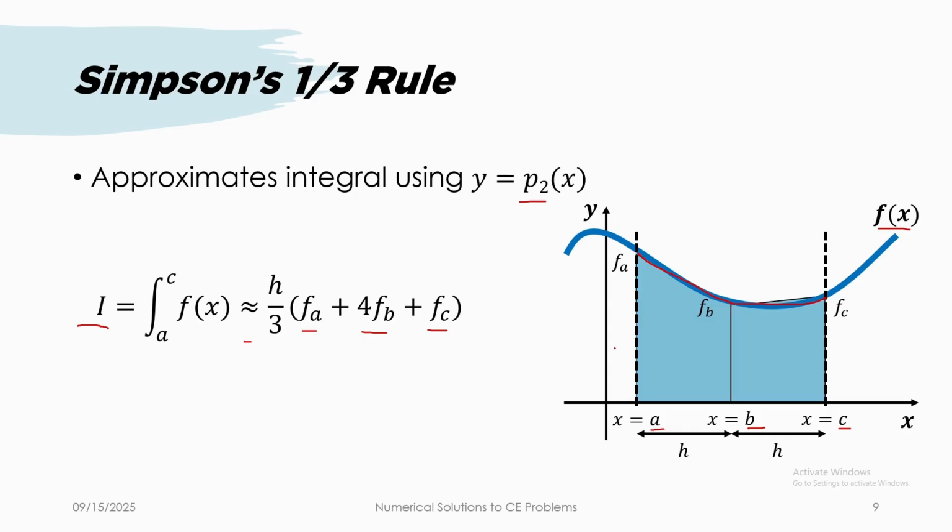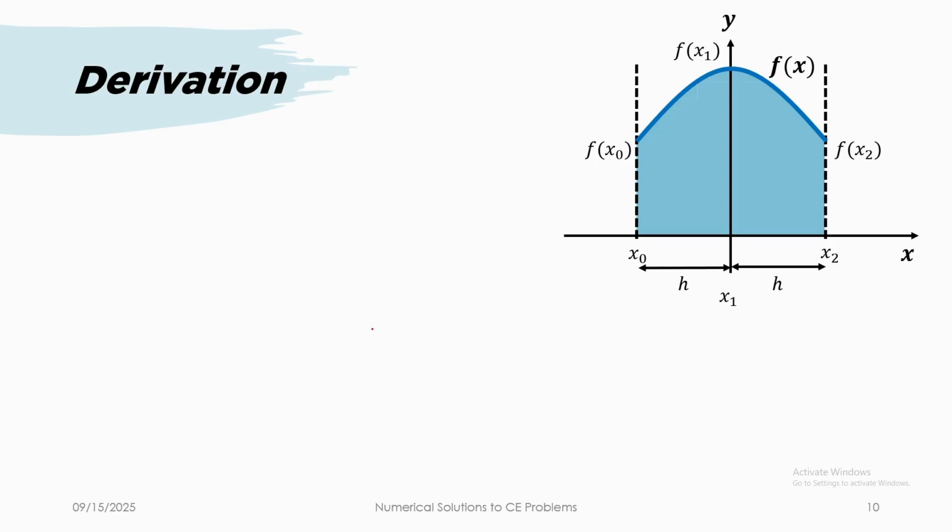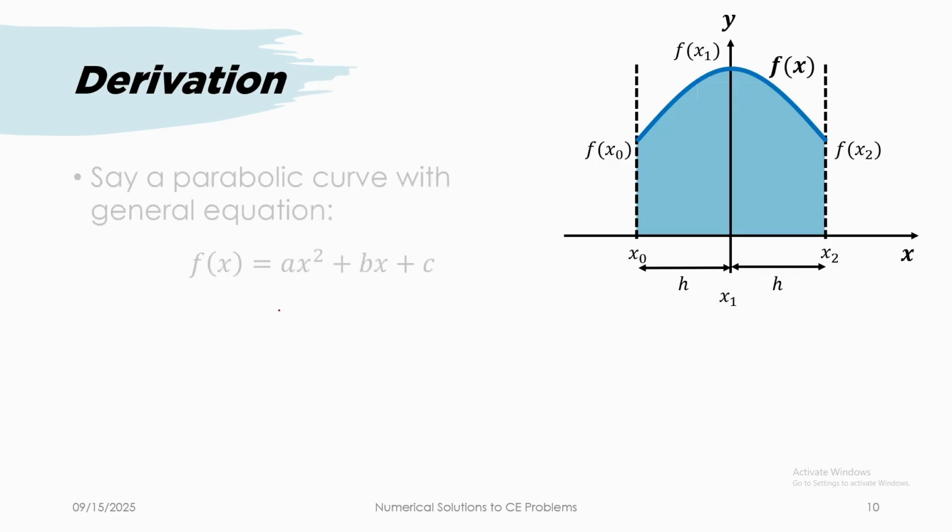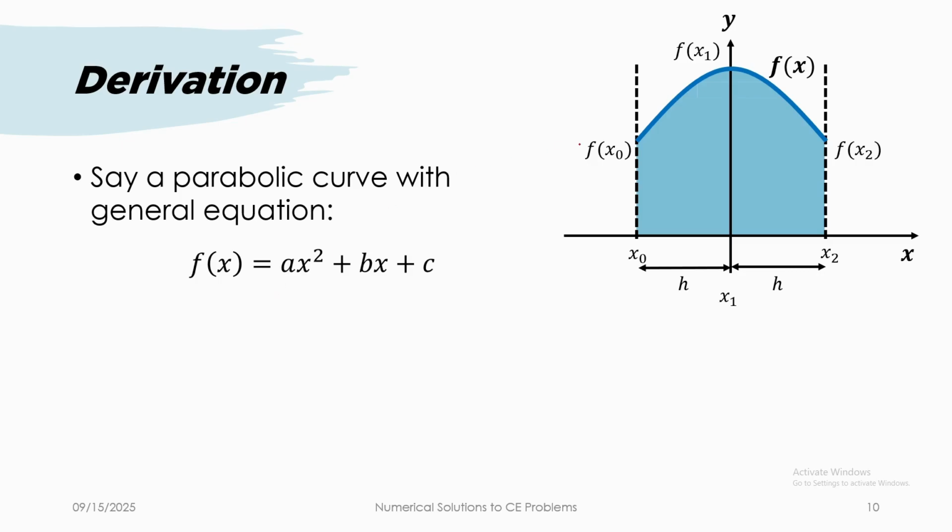Now, let's dive into the derivation to give you a better appreciation and understanding for this formula. Say, for example, a second degree function f of x, ax squared plus bx plus c. As illustrated here, let's plot three nodes, x sub 0, x sub 1, and x sub 2.